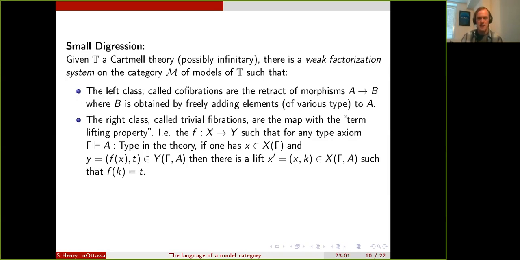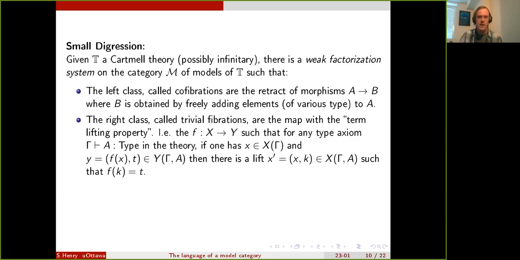And as you can see, it depends on the theory and not just on the category of models. Can we have a question, yes? Sorry. Yes, I have one question. So if we start from a limit theory, there is no way to see this factorization system on the category of models? Okay, so if you start from a limit theory, the problem is that there are different ways to choose a Cartmell theory that will have the same category of models.